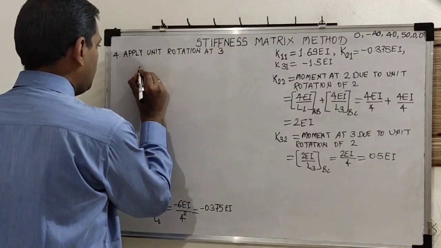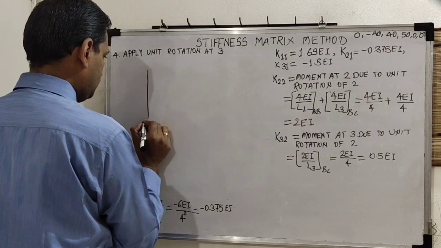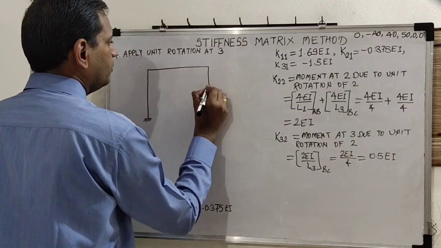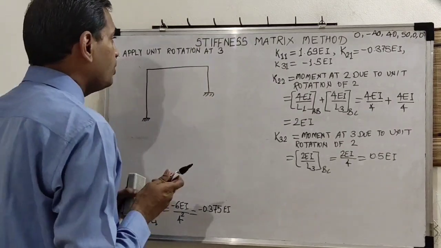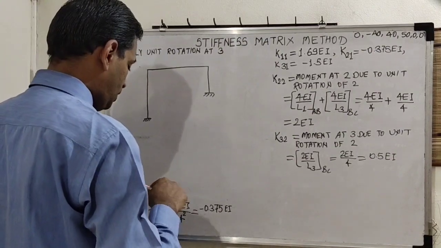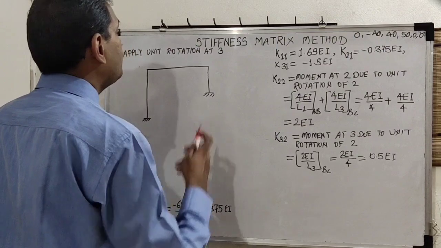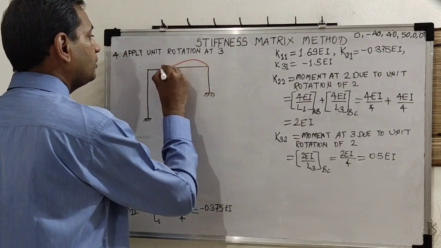So let us draw the diagram first. And now apply unit rotation on 3. So 3 is on joint C here. So draw the deformed shape first. Clockwise rotation. It will be something like this.